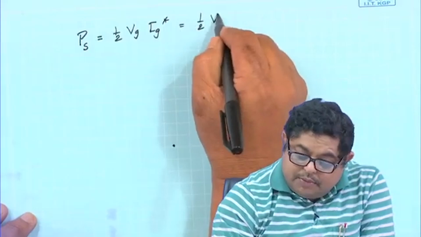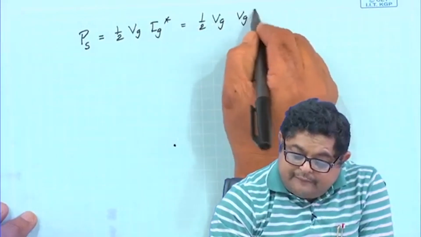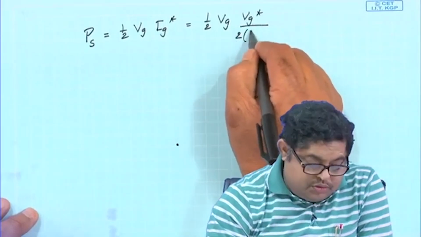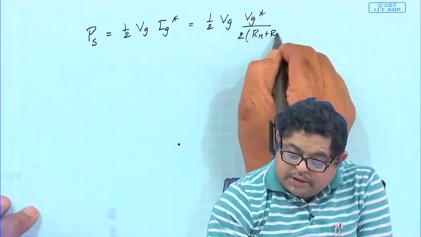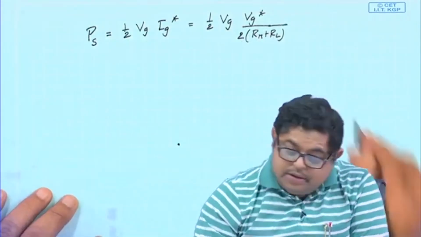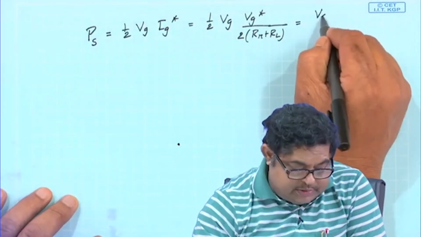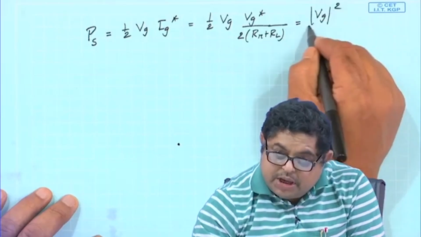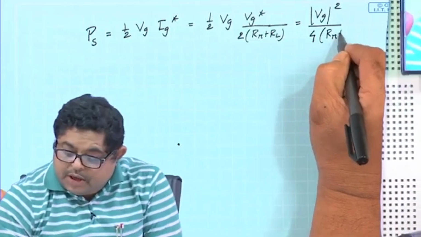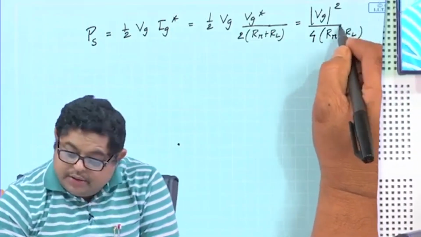So, it is half V g star by 2 (R r plus R L), 2 coming because of conjugate matching. So, that is coming as V g square by 4 (R r plus R L).